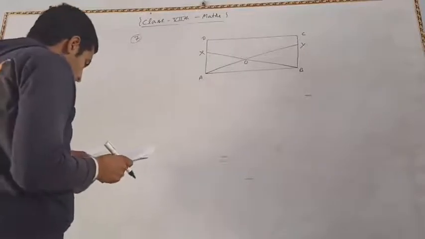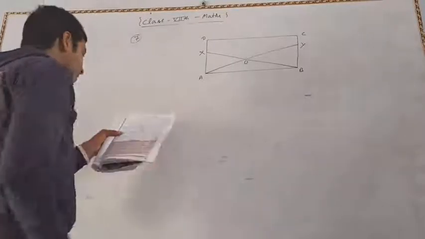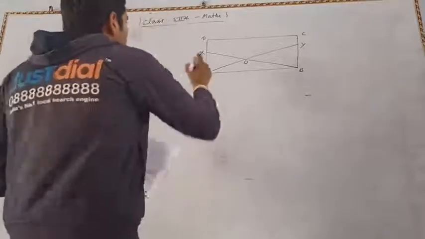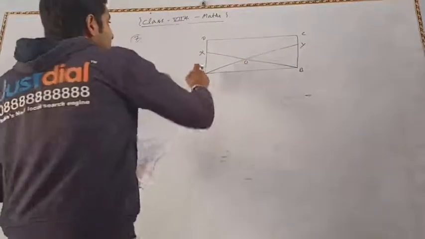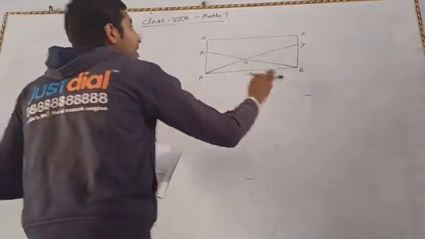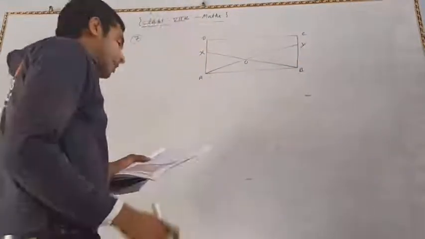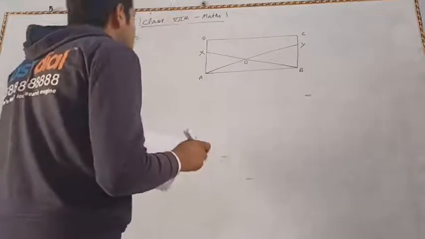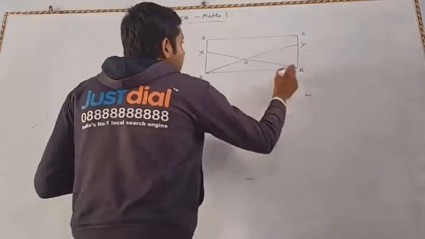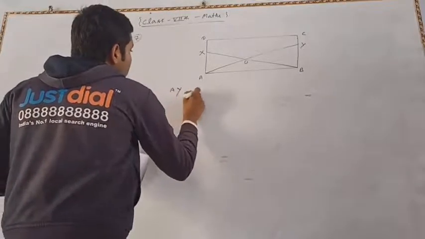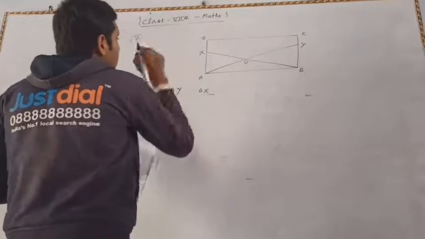Again, we are given that ABCD is a rectangle and X and Y are points on sides AD and BC respectively, such that AY is equal to BX. Here given that AY is equal to BX by the figure.